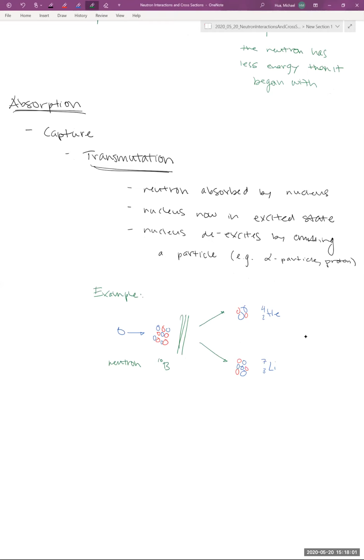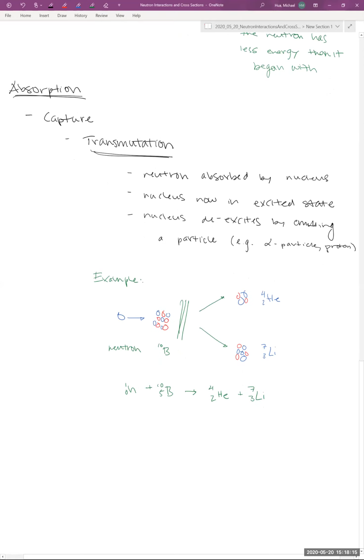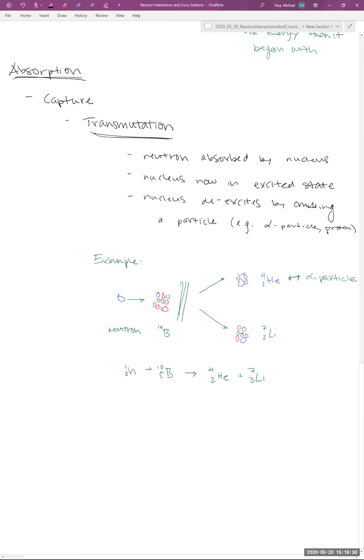And we can write the chemical formula for this as neutron plus boron 10 becomes helium-4 plus a lithium. Because we're looking at the nuclear level and not looking at electrons, this helium particle is actually an alpha particle, or they're the same. So unlike scattering, our products are completely different from our reactants.